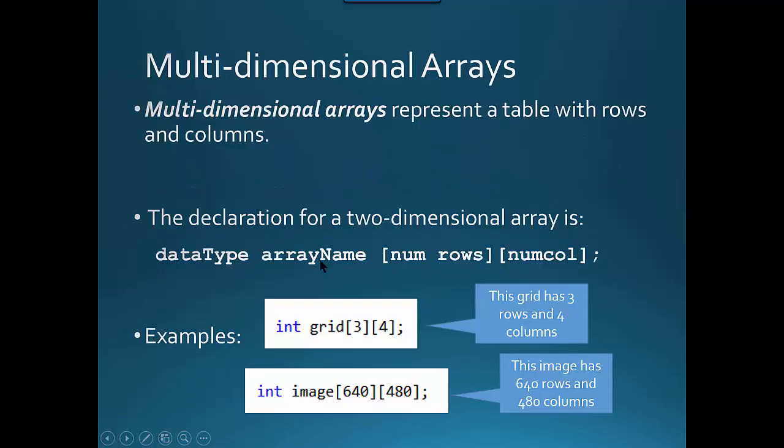So we saw how we can use an array to store a collection of values or numbers or strings, but you can also not only have just a list in one dimension, but you can have them in two dimensions. So imagine if we wanted to represent a table, we could represent that perhaps with two numbers, one representing rows and one representing columns.